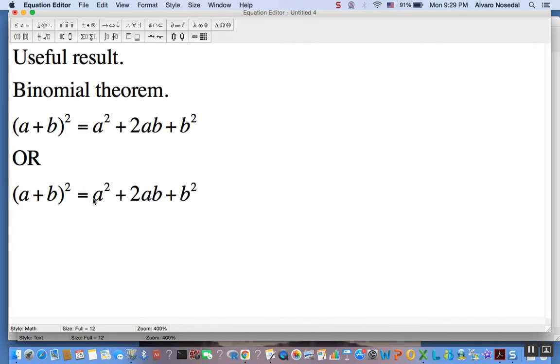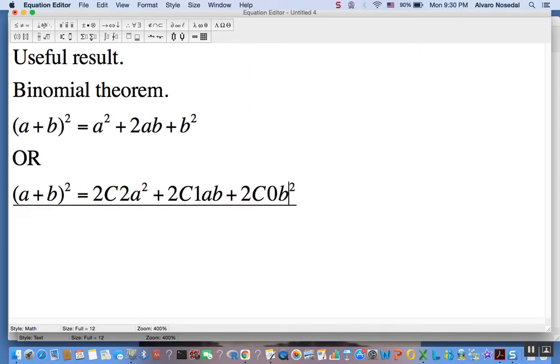That's the coefficient that multiplies a squared, so that happens to be the same as 2 choose 2. That's just 1. That 2 is the same as 2 choose 1. And this guy is the same as 2 choose 0.